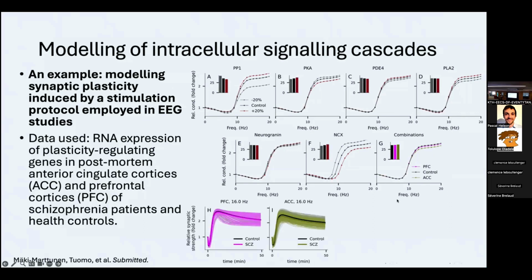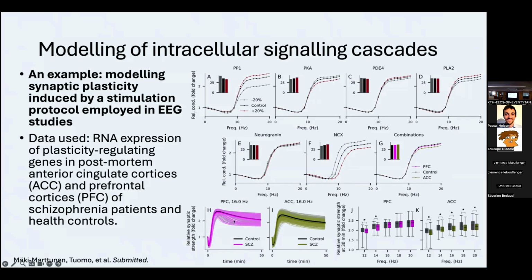And so to justify that it's still meaningful to look at these small differences, we did a subject-wise analysis. So instead of taking group averages, that for example PP1 concentration is a certain percentage less in schizophrenia than healthy controls, we do it subject by subject and then simulate the plasticity curve for each of them, and then do the statistical tests afterwards.